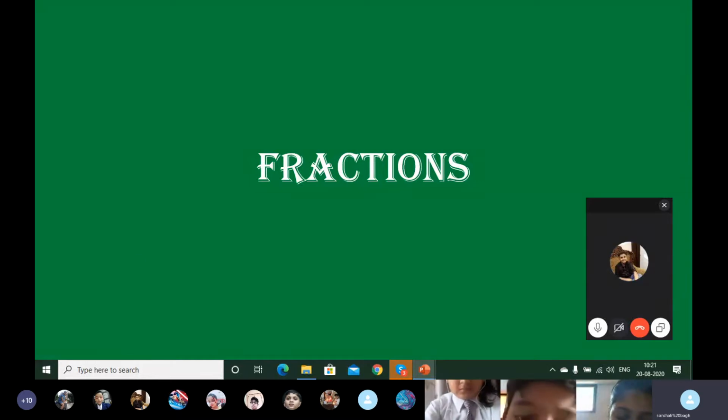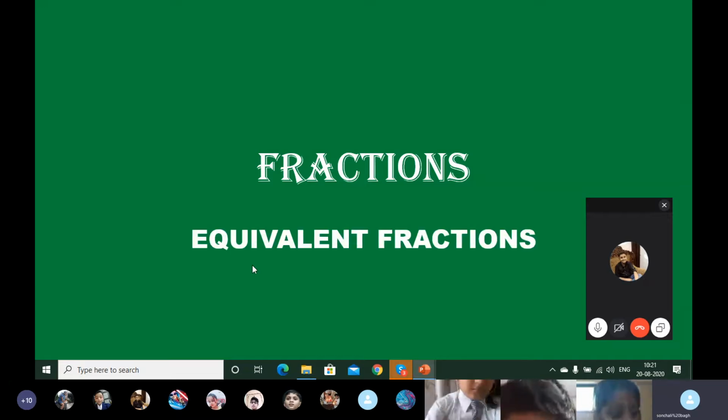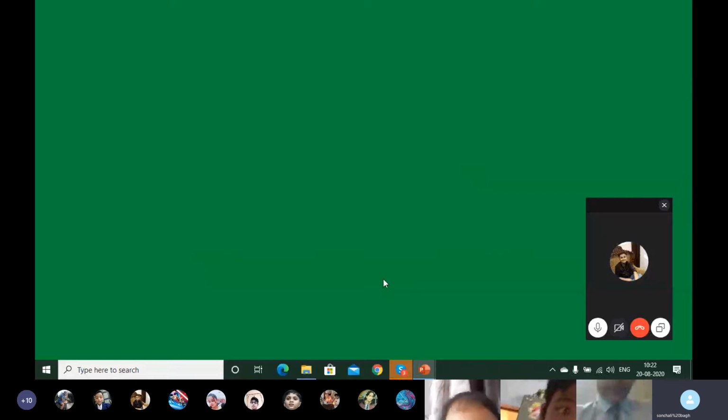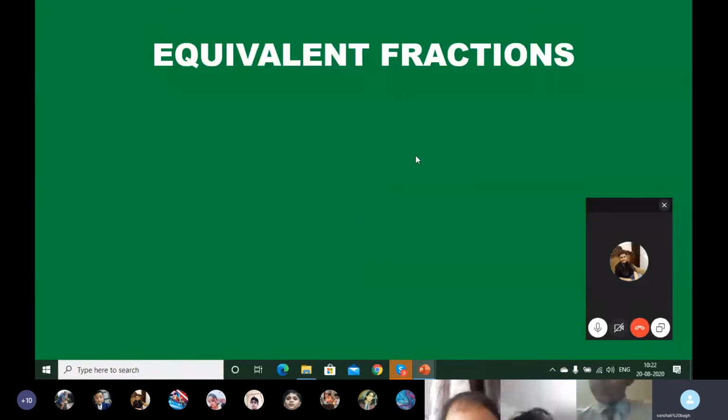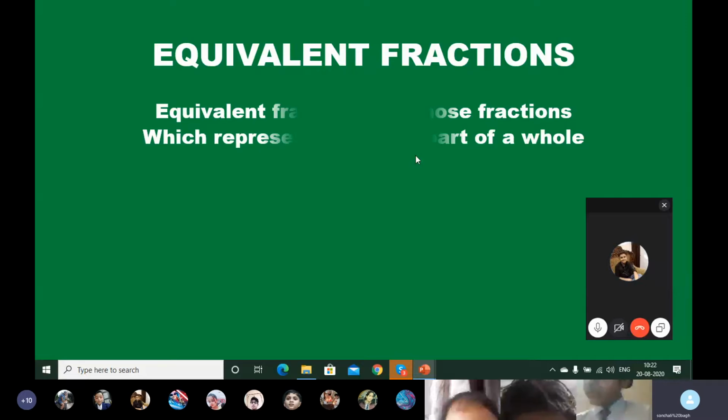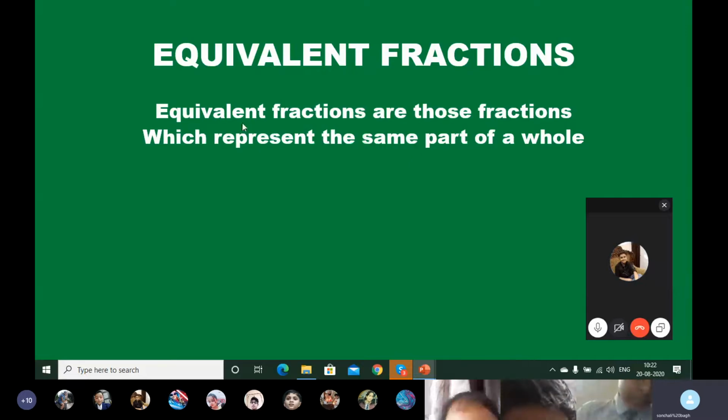Now in today's topic we will learn equivalent fractions. So what does equivalent fraction mean? First write down the statement. Equivalent fractions are those fractions which represent the same part of a whole number.